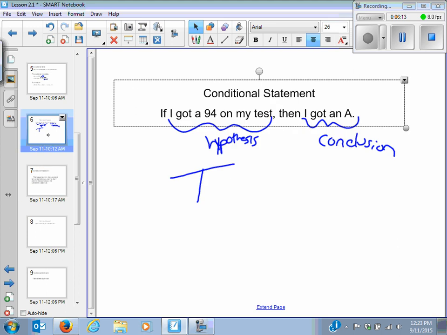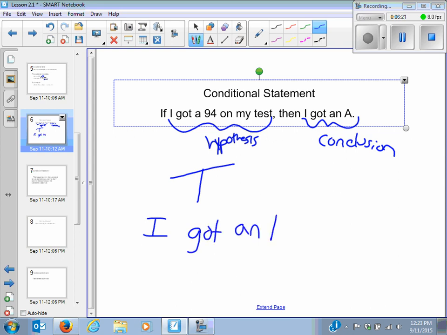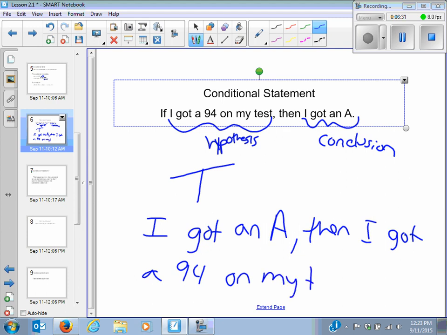So in our example here, if I did the converse, it would be: if I got an A, then I got a 94 on my test. And actually the truth value of this one is false, because just because you got an A does not mean you got a 94.